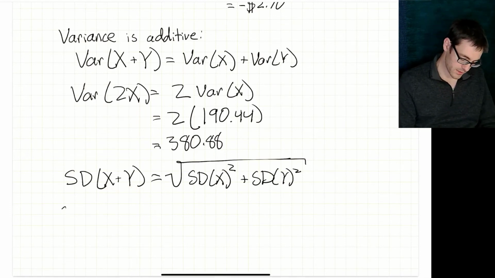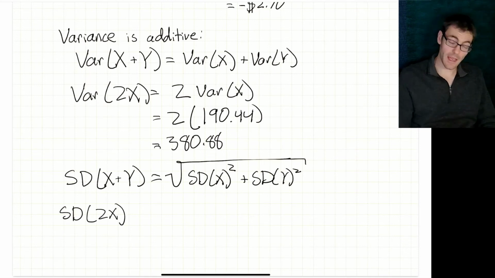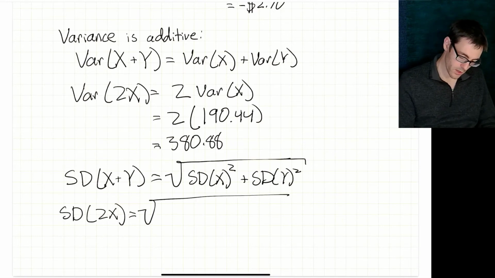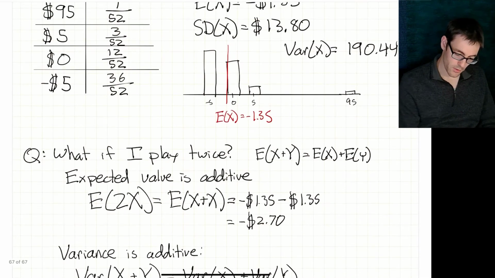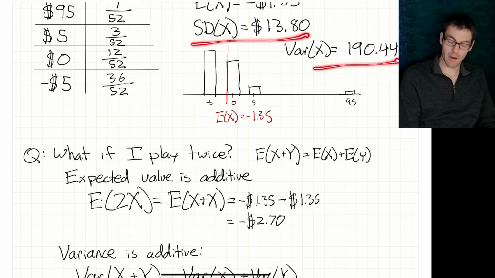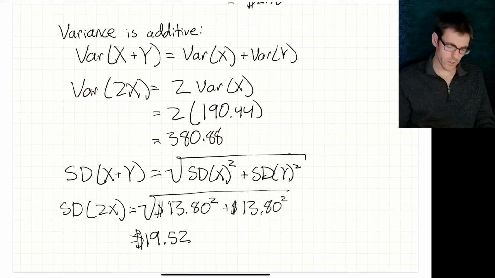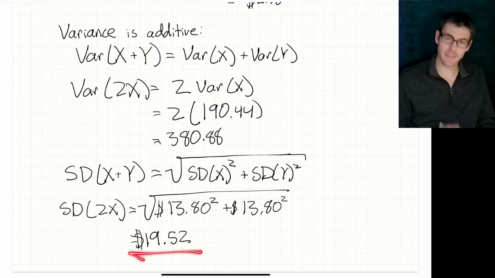So the standard deviation of playing our game twice, the standard deviation of the outcomes of playing our game twice, is going to be the square root of the standard deviation of playing it once squared, which is the variance, which comes out to 19.52.